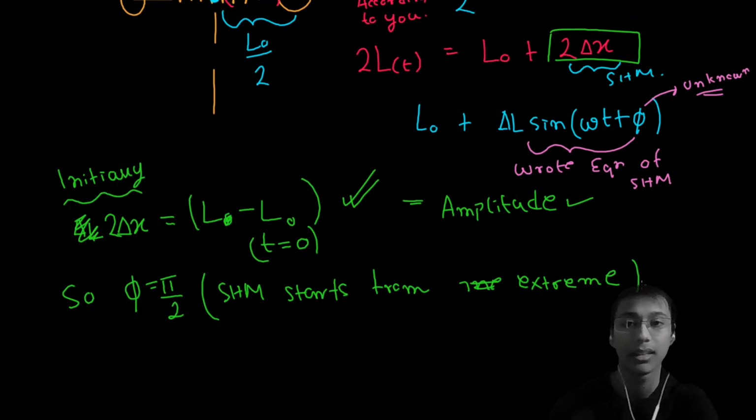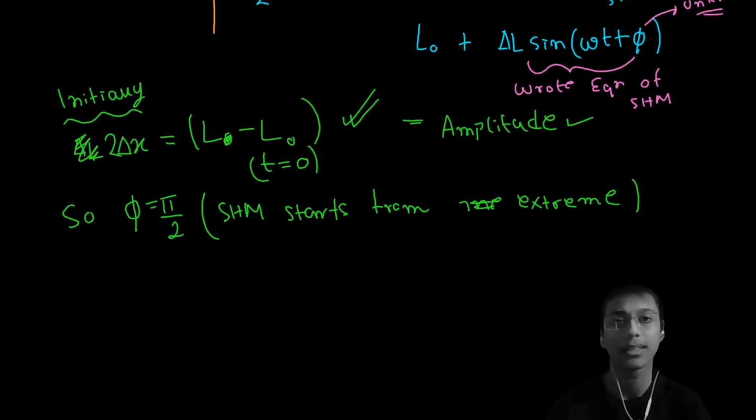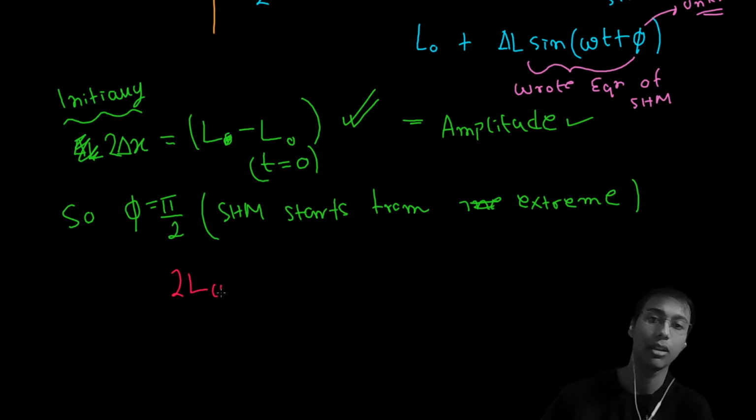Okay. Now we know this also. So what can we write? We can write our required answer: 2 L of t equal to L plus delta L into sine omega t plus pi by 2.